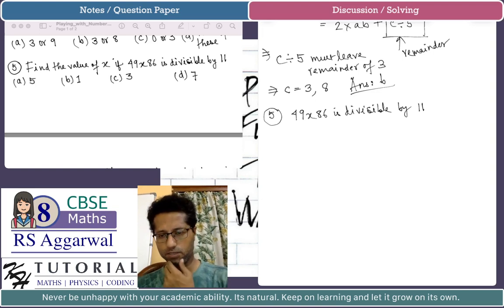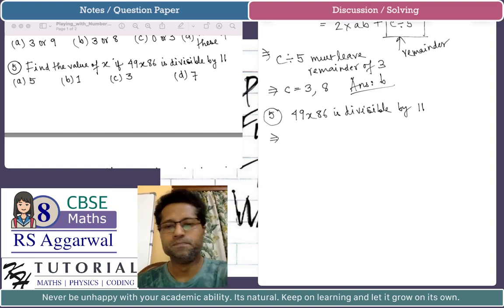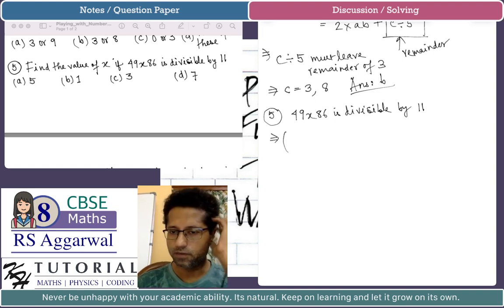We know that a number is divisible by 11 if the difference of the sum of its digits at odd places and the sum of its digits at even places is either 0 or a multiple of 11. So let's see what is the difference. The digits at the odd places of the given number, let's mark them by a double underline, and the digits at even places by a single line.